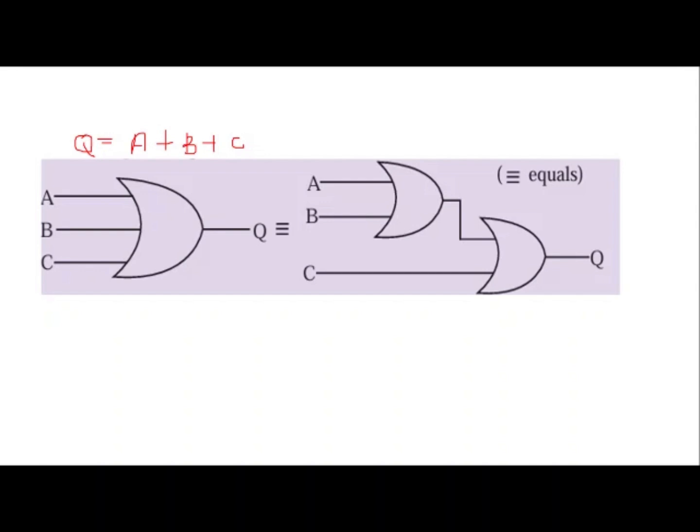This is the output of this OR gate as well as the input of this OR gate. So here, for this OR gate, the Boolean expression is A plus B. And A plus B is the input of this OR gate, so the output of this OR gate is A plus B plus C. So this is the same. Even if you draw the truth table, it would be the same.